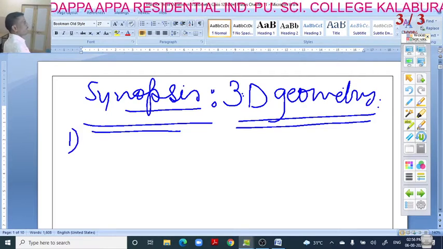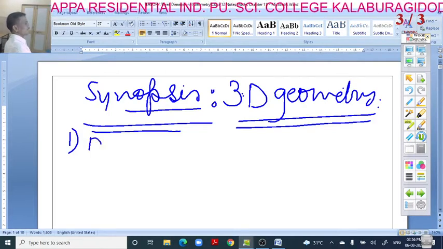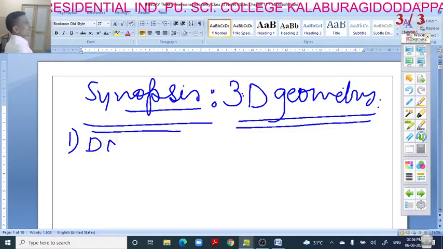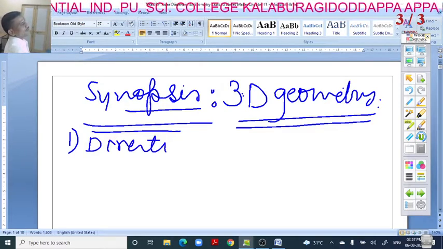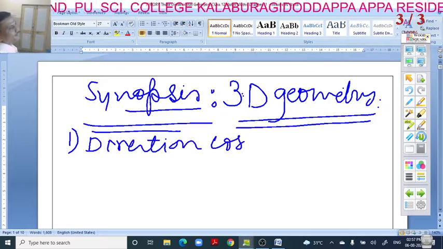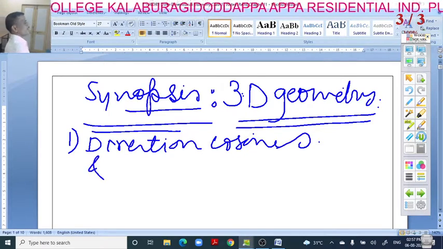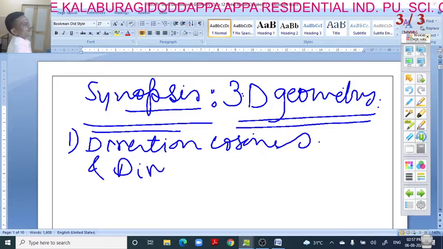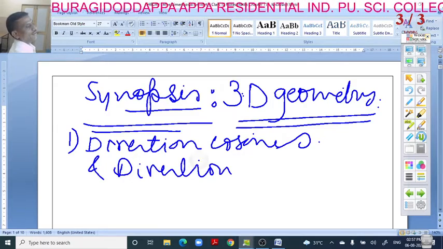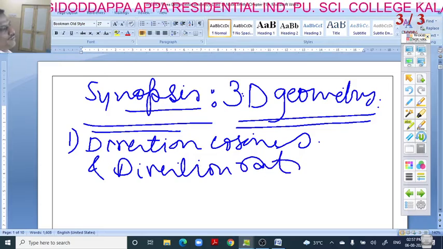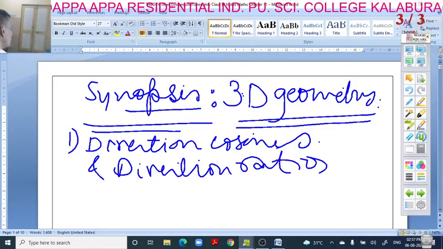So the first point in this second year 3D is direction cosines and direction ratios. This is one thing you are going to study.